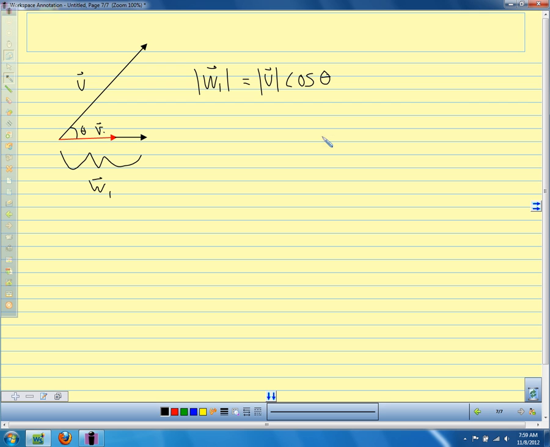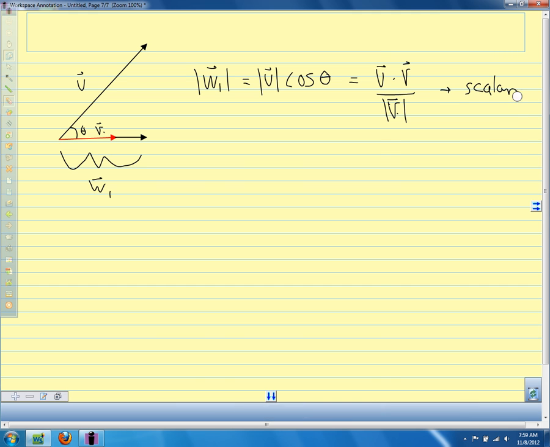It's part of the dot product. That equals U dot V over the length of V. So U cosine theta is U dot V over the length of V. This is a scalar quantity.